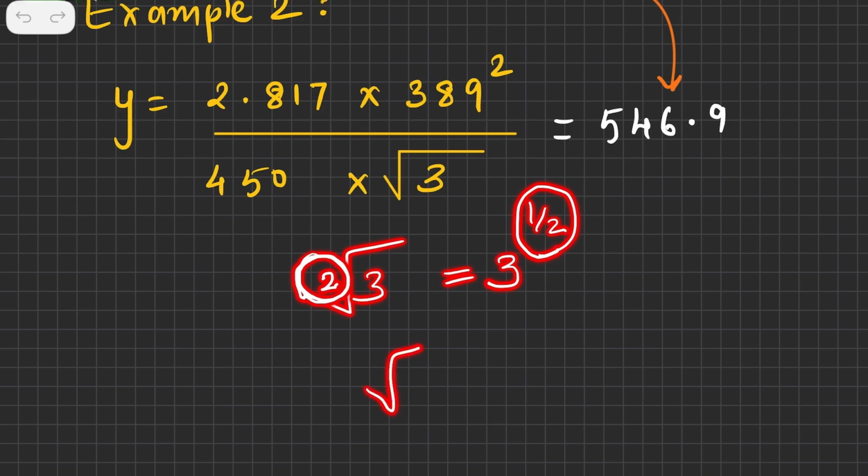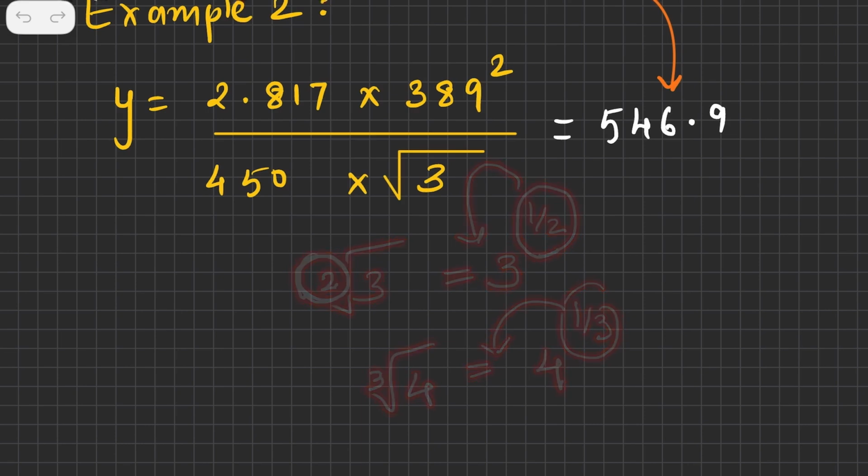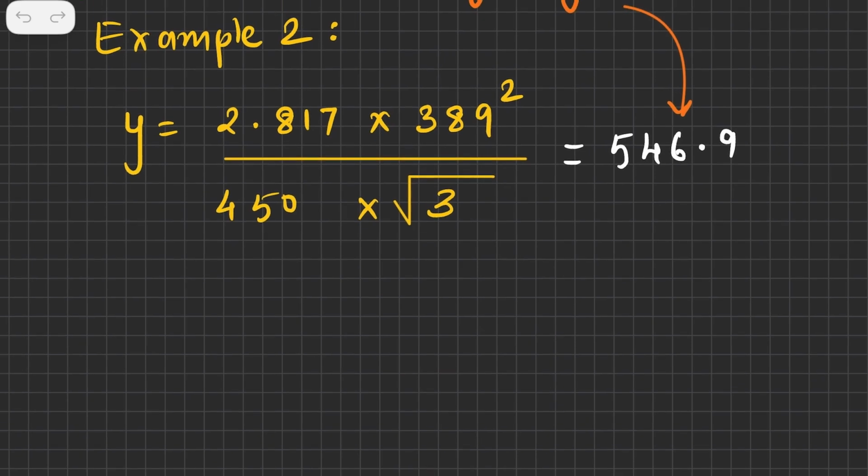So if I had, let's say, cube root of 4, then I could have easily written it as 4 raised to 1 by 3. Now once it is in power, using the property of logarithm, we can bring this power ahead. So that's one thing which is somewhat new in this problem.